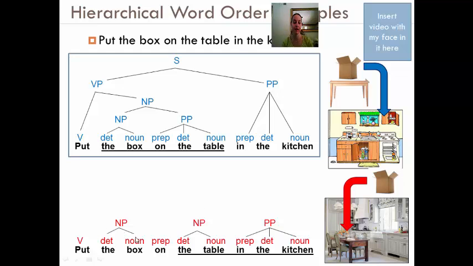The box, the table, and then the kitchen was a noun phrase, plus the preposition makes it a prepositional phrase. This becomes our verb phrase, because there's a verb in front of it. This becomes our noun phrase altogether, because remember, the noun phrase and the prepositional phrase make it a noun phrase, just like it did in this case.